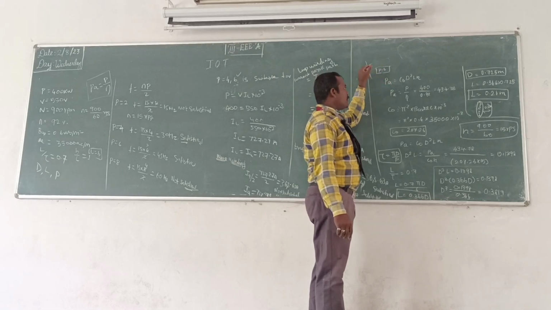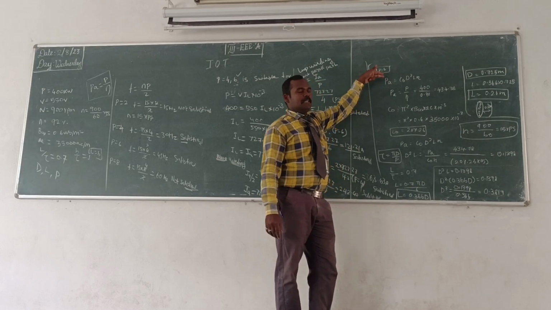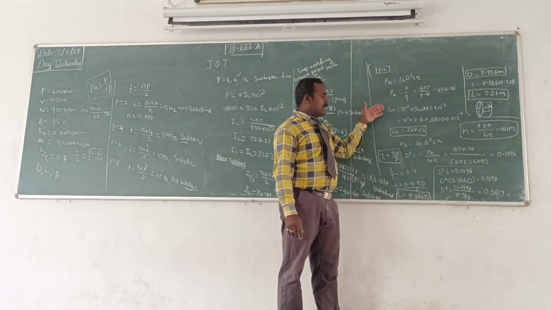Once you find the pole value, you can easily find the diameter and length.